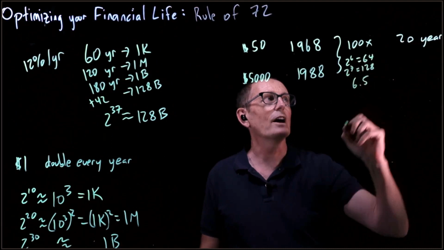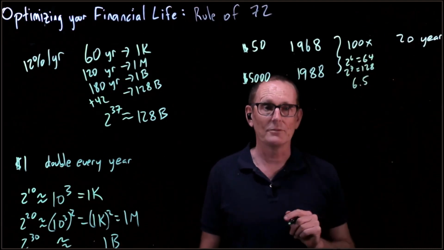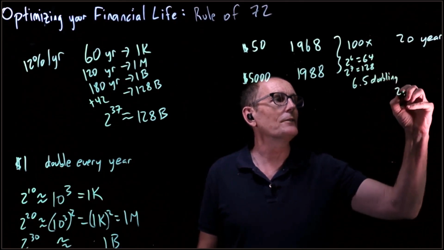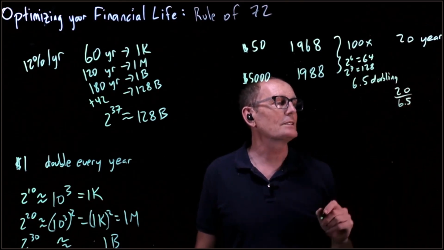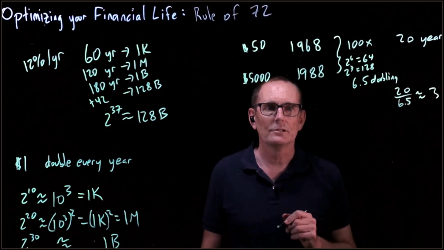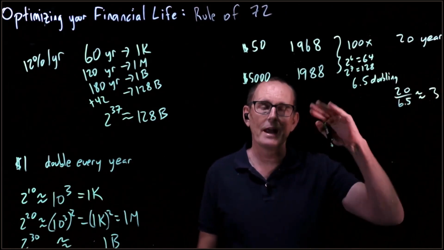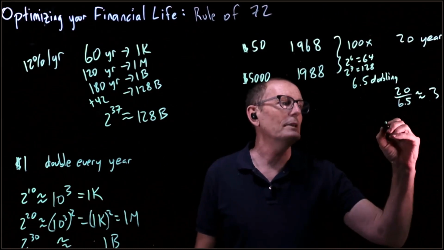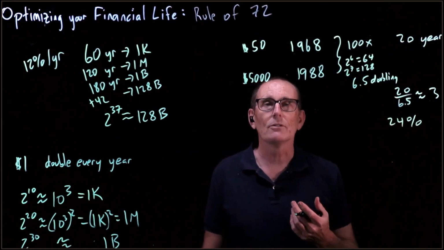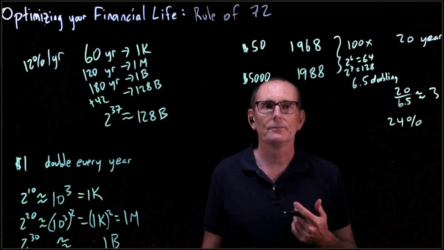So it's, let's say, 6.5 doublings in 20 years. So how long for each doubling? 20 divided by 6.5. That's right around 3. So it doubled on average every 3 years. So that means that it was a 24% average annual growth rate.